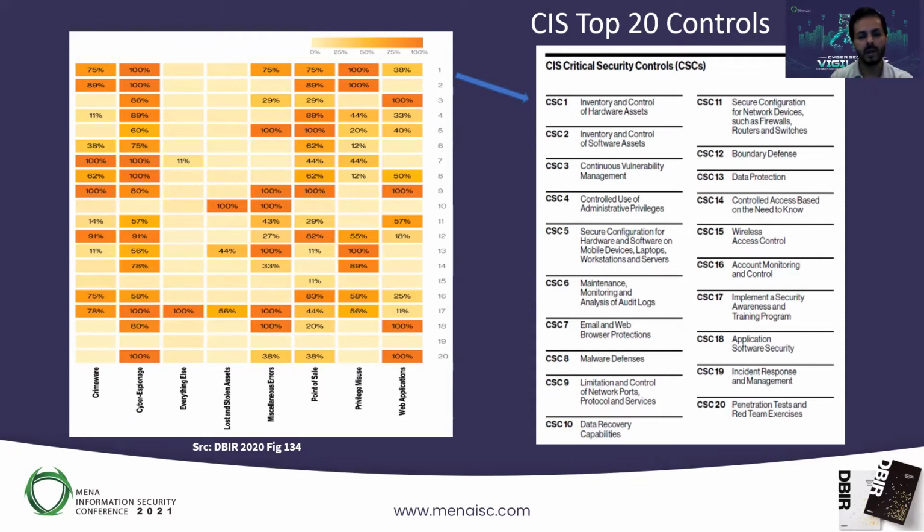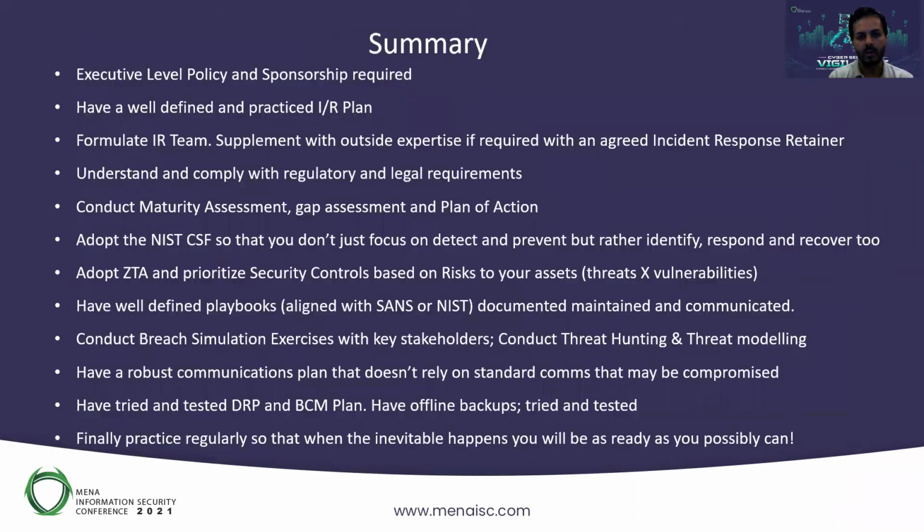And they've defined this for each of the various industries as well. So you can focus on what the breaches are in your industry, and which key top 20 controls I can deploy in order to mitigate or prevent or detect those attacks and take responsive actions as well. So that's a great resource from the CIS, I beg your pardon, that you can leverage.